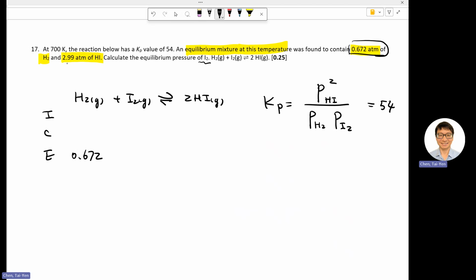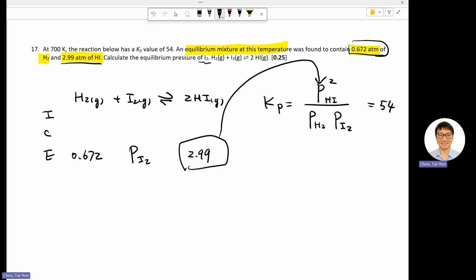And then the other one is what? I2, this is also at equilibrium, right? So I know I need to put 2.99 right here. And then what the question is looking for is the pressure of I2. So you know this one is at equilibrium.